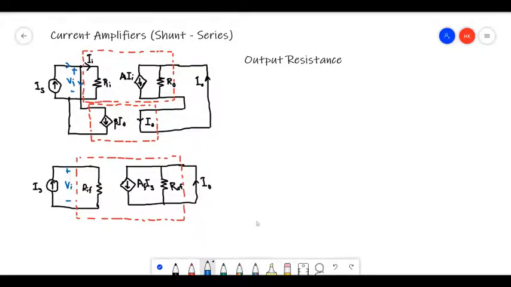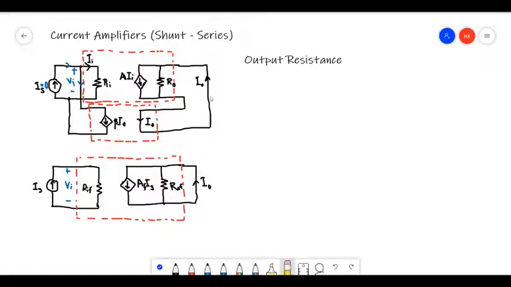Okay, then finally output resistance. When we are finding output resistance, we have to make some changes. First of all, we have to bypass this source, so we simply make this current Is zero. We also need to add a source here.